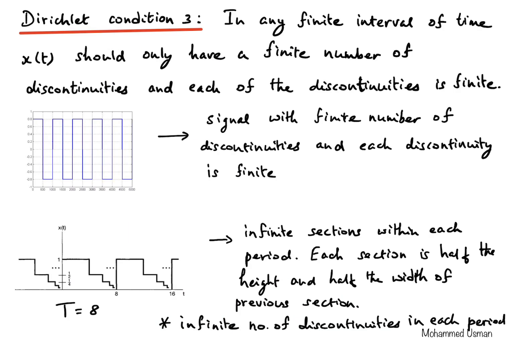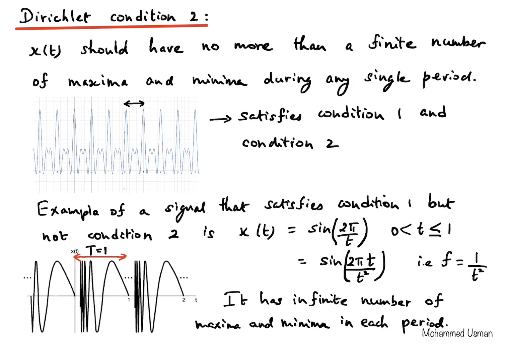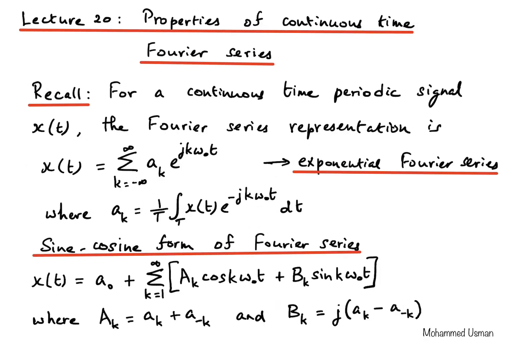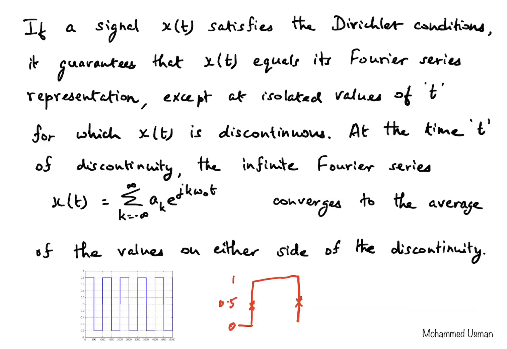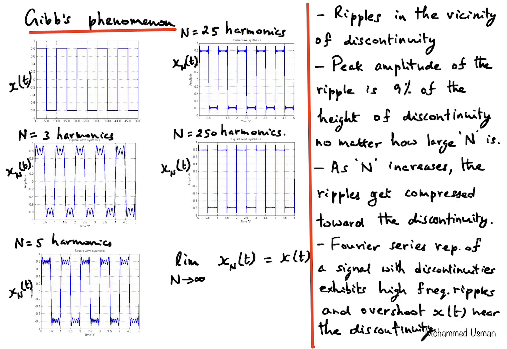Normally the Fourier series is represented using this infinite summation term. But out of these infinite terms, if we add only a few selected terms, we get some close representation of the actual signal.